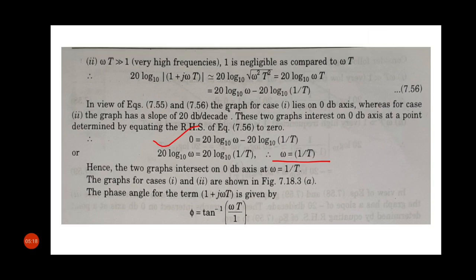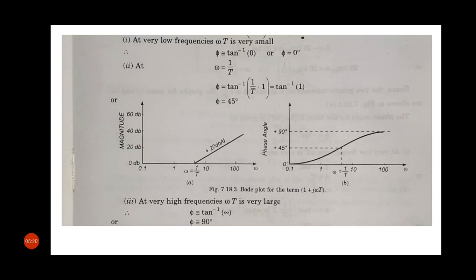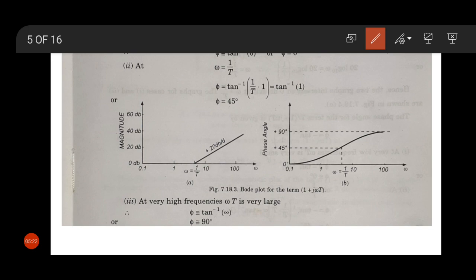That means for case 1 the graph is 0 dB and for case 2 the graph has a 20 dB slope. So this is one graph and this is one graph. These two graphs intersect at omega equal to 1 by t.